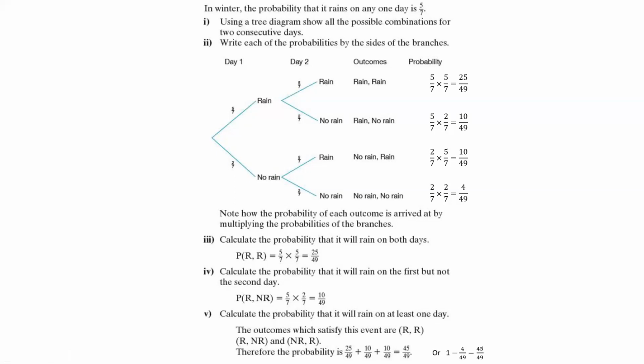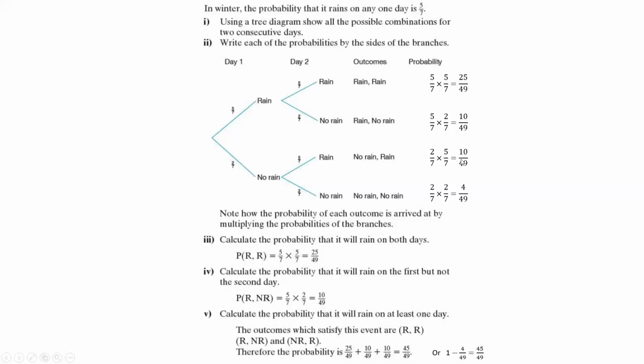That means these two answers we already need, because we need rain, rain, and rain, no rain. And we also can have first day no rain but second day rain, as long as one day is raining. So we can also choose this branch, so we also need this possibility.